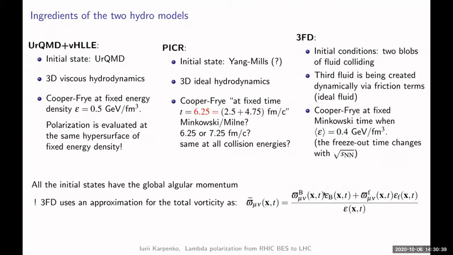I cannot really comment on how good that approximation is. To me, it looks like a practical way to compute vorticity in a multi-fluid system. How good is that? Again, I don't know. Maybe Iurii can comment on that. But with that, I move to the next slide.